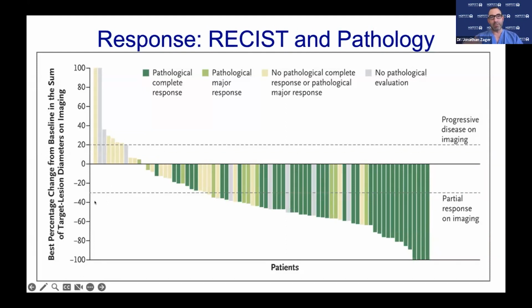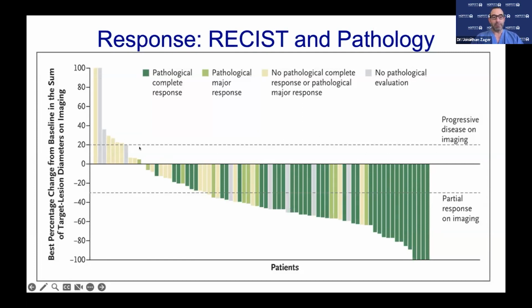But as it responds more and more, the tumor volume is denoted by this waterfall plot in a negative deflection. And all the lines in green are path CR, meaning the patients had no viable tumor at surgery, despite whether or not they had 100% reduction of their tumor, or in some patients, 50%, 20%, and even 10%. The tumor might have shrunk, but it's all dead if it's a dark green line.